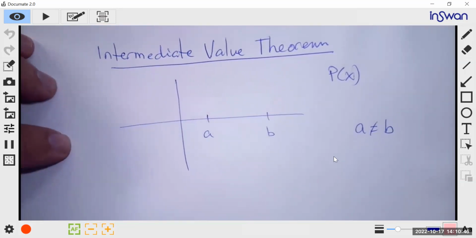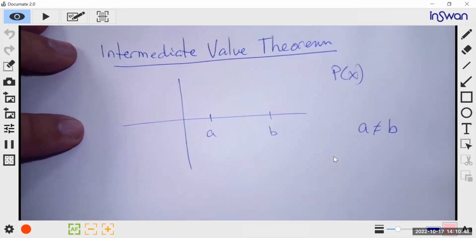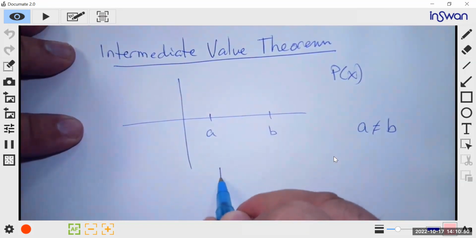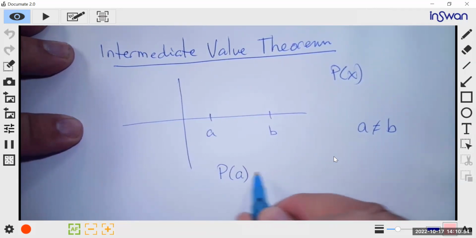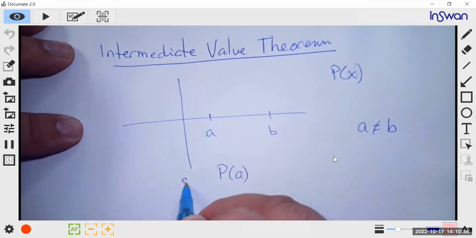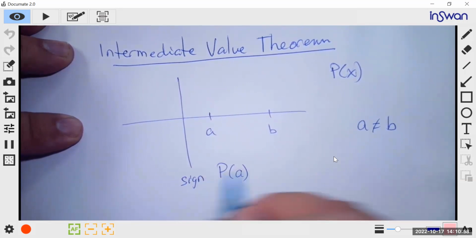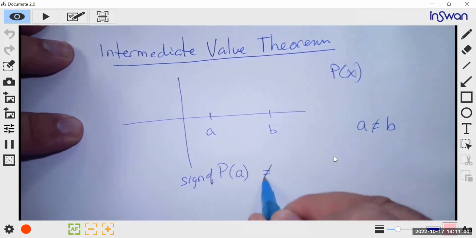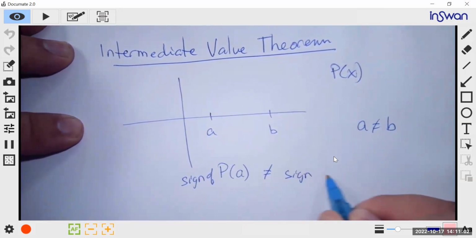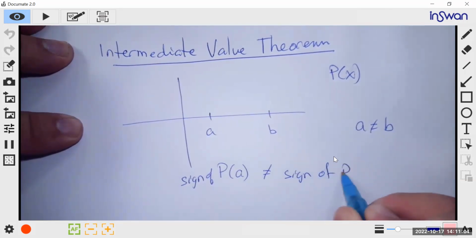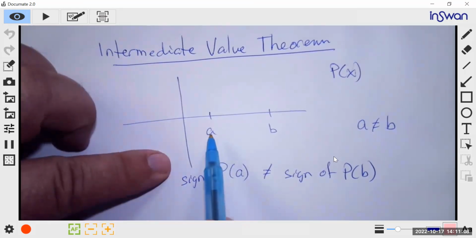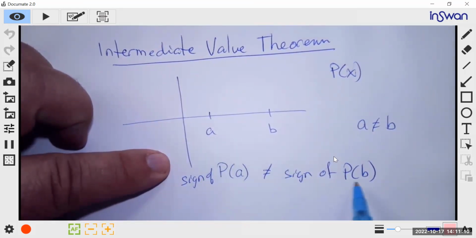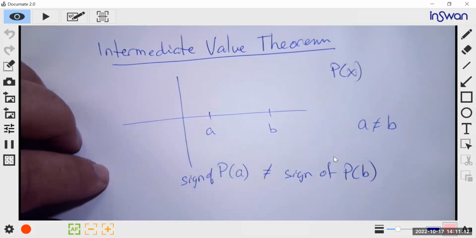What it says is this. If the sign of P of A does not equal the sign of P of B, what is that going to tell us?